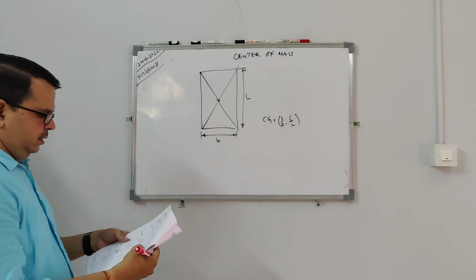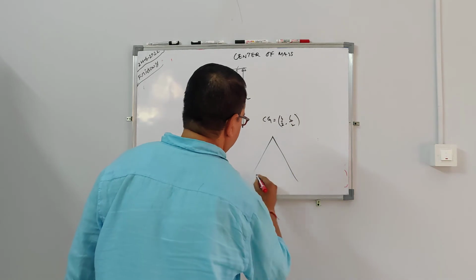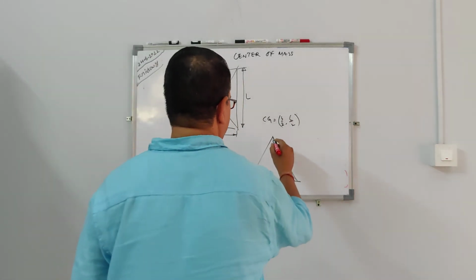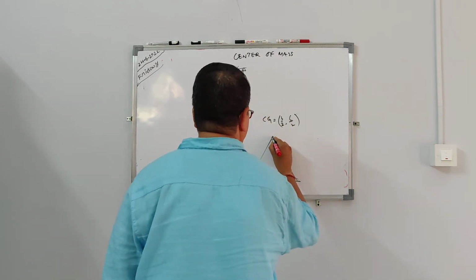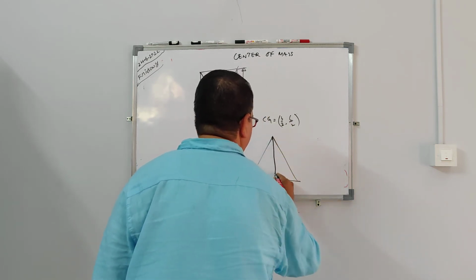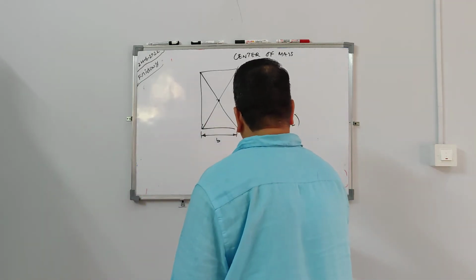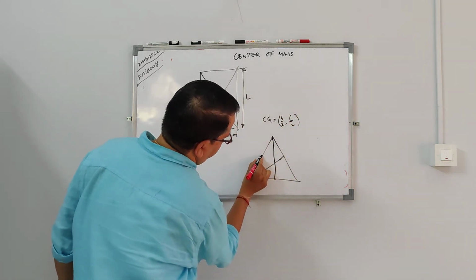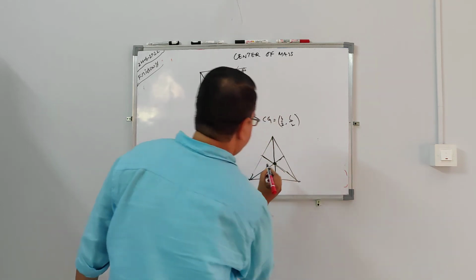And for triangles, if this is my triangle, for my CG I draw a line joining the vertex to the middle point of the opposite side, bisecting the base. Then this will automatically be this, and this is my CG.